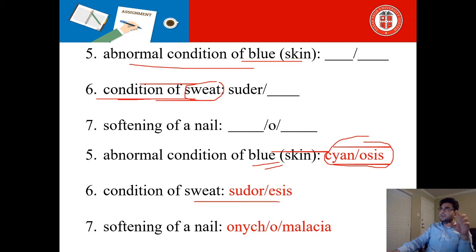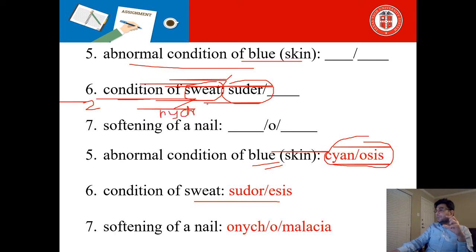In our first diagram, there was a gland which I said is a sudoriferous gland. So that word sudor is about sweat. So please make sure that we have 2 words for sweat. The first one is hydro, because hydro means water, and then the other one is sudor. So if you see these terms, then just start thinking about sweat in context of skin.